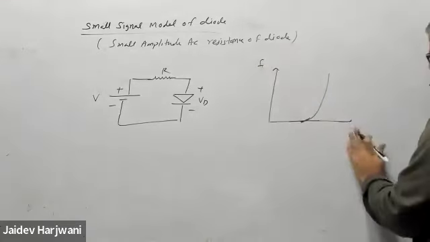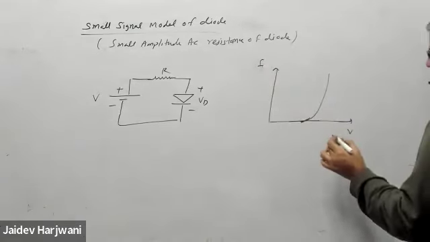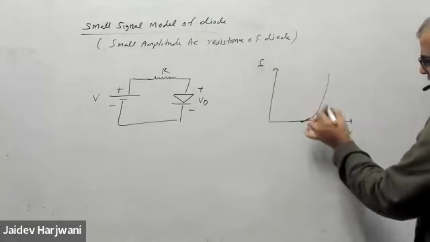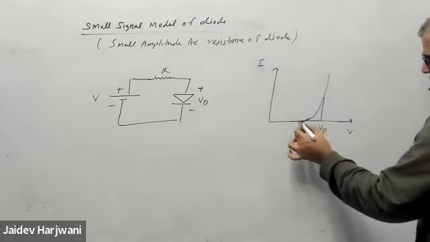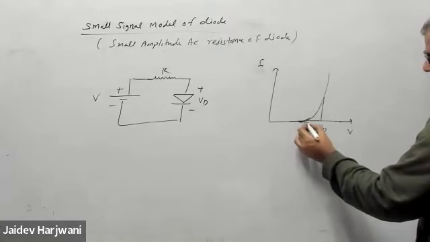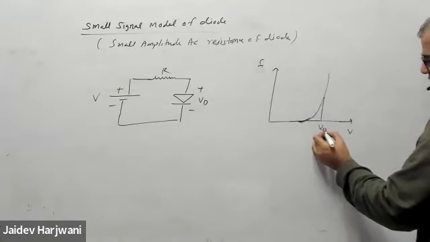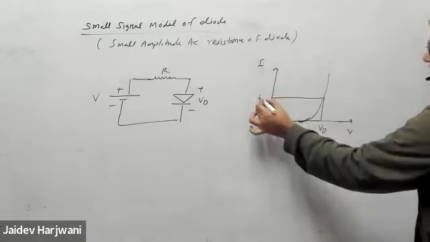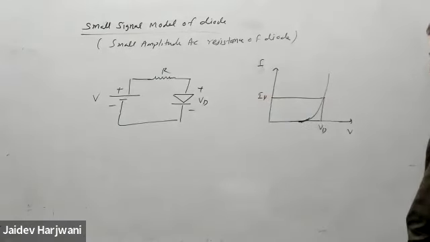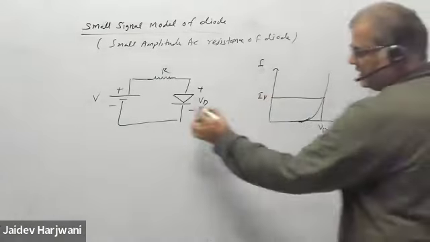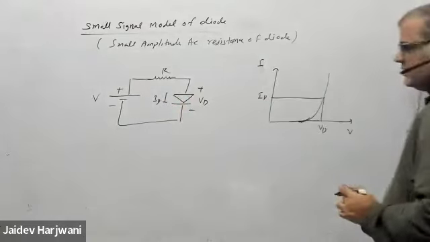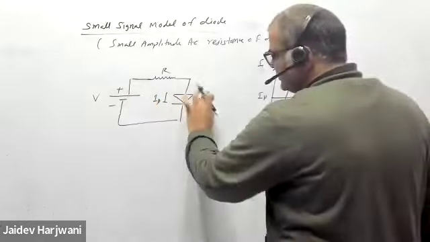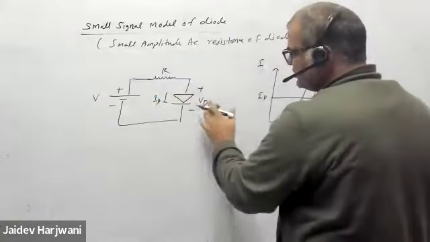Now at a voltage VD across the diode, it will start conducting from here, and below it is cut off. If you apply some voltage VD here, a current ID will be flowing. This is the voltage you are varying. When you vary the voltage, obviously the voltage drop across this is also varying.